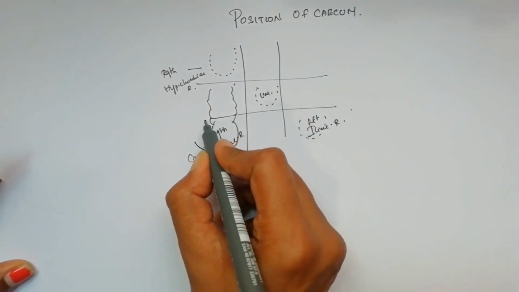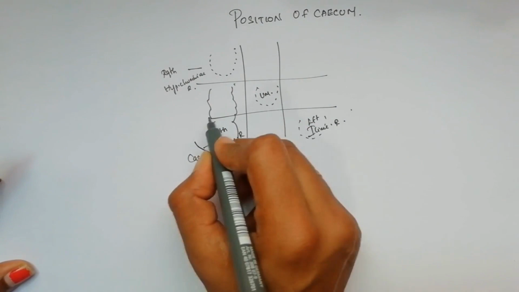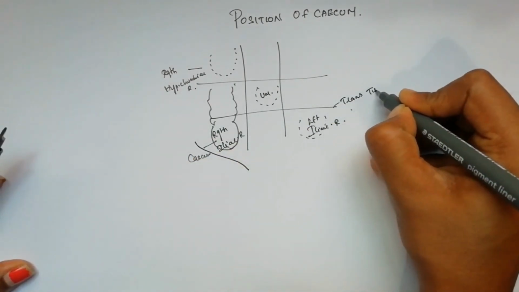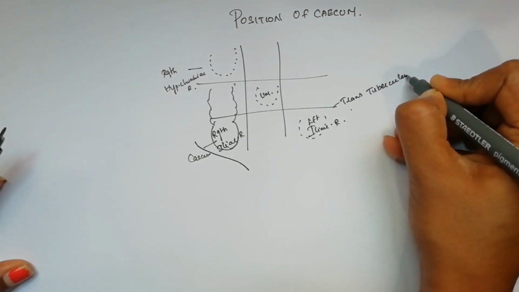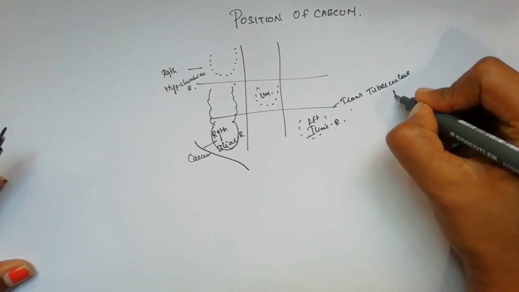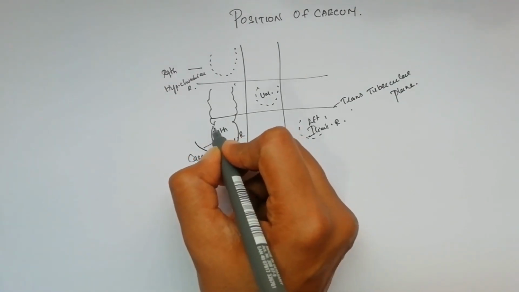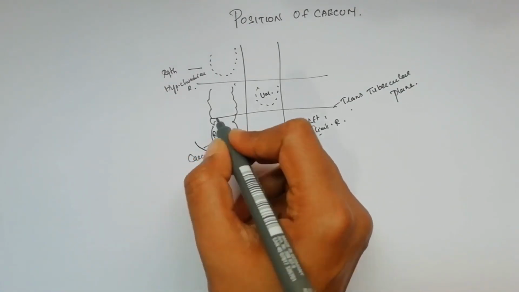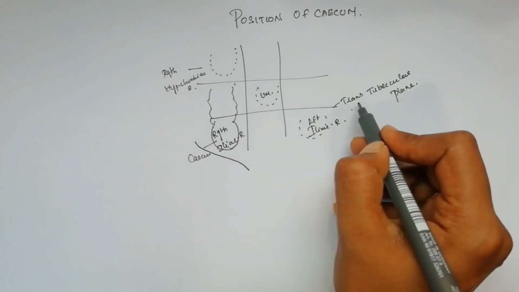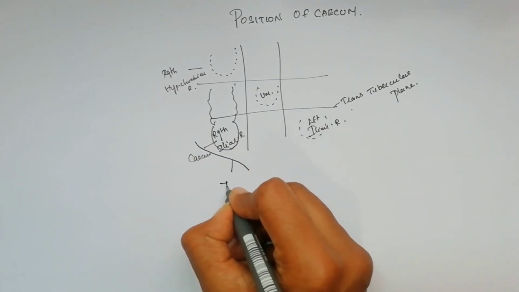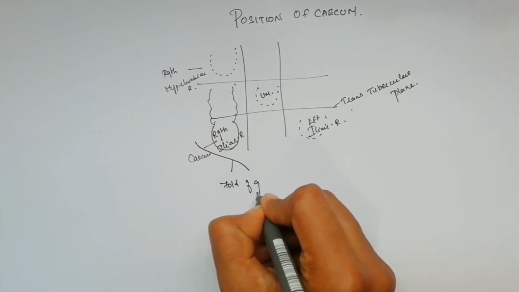Here we have got 2 lines, and this line is called the transtubercular line, which is passing through the tubercle of ilium. So we are calling that the transtubercular plane. The cecum has its superior border formed by the transtubercular plane, and the inferior border is formed by the fold of groin.